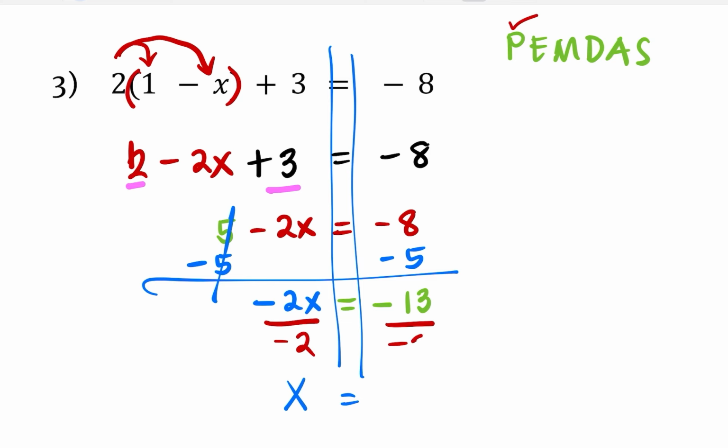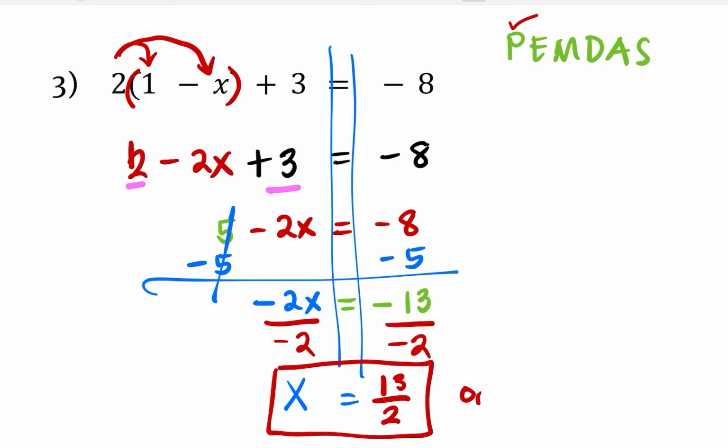Same thing on the right hand side, applying the division property of equality. This will leave us with positive 13 over 2, or we can change this into a decimal, which would be x equals 6.5.